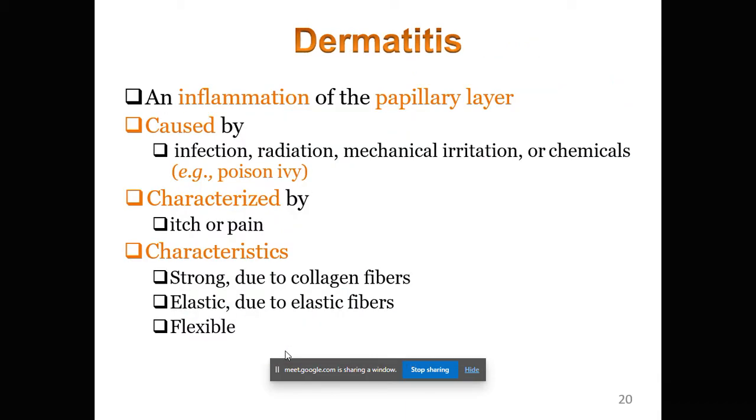One disorder of the skin that we are going to see in short is dermatitis. Please understand and remember this suffix: itis. When you find the suffix itis, it means inflammation of.